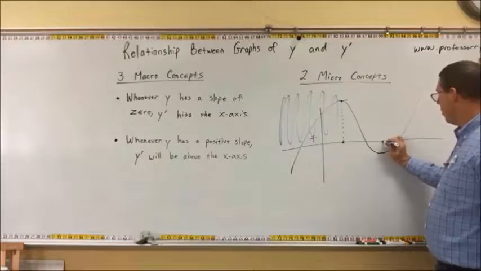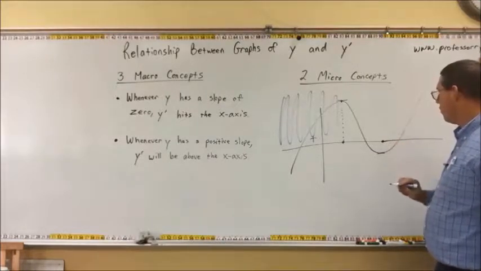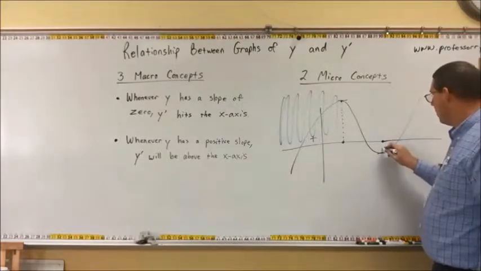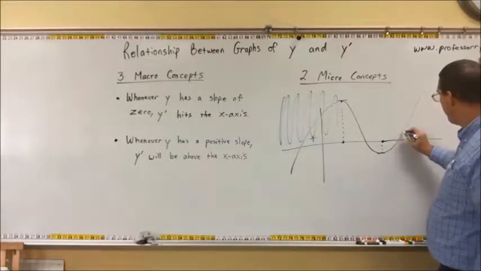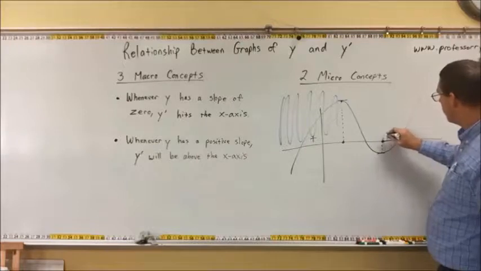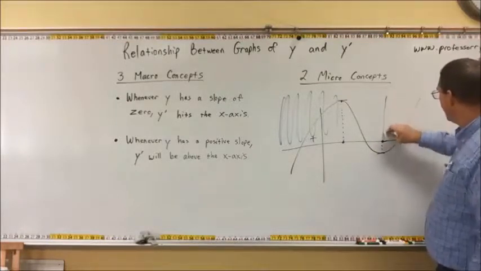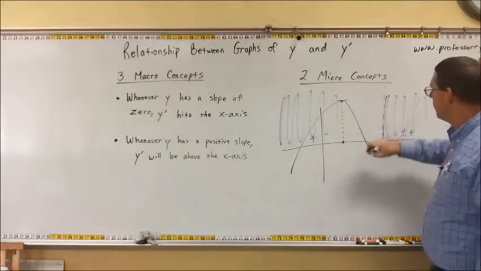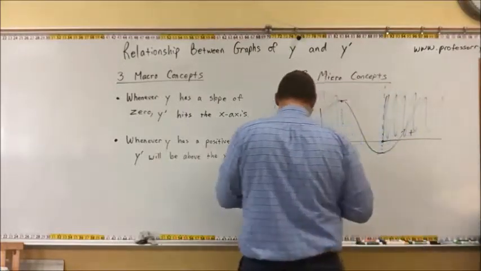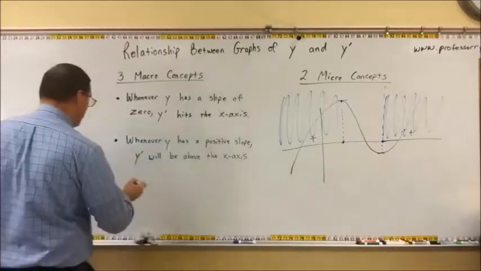That means that the derivative must cross over the x-axis. Right here, right? And from here on, the graph has a positive slope. That means that the derivative is positive, above the x-axis, right?